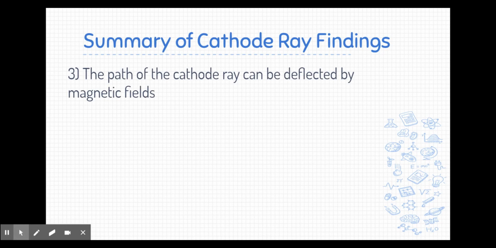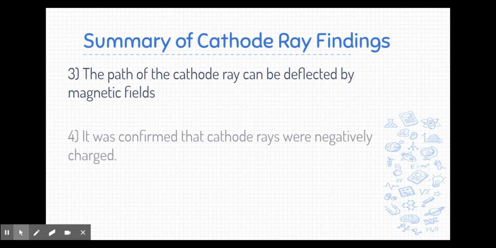Next, we saw that the path of the cathode ray can be deflected by magnetic fields. And finally, something I didn't show in the images, which they confirmed by the way cathode rays were traveling through the circuit, was that the cathode rays were negatively charged.